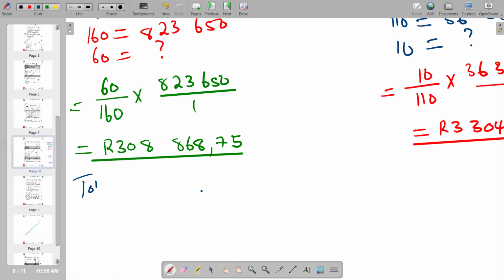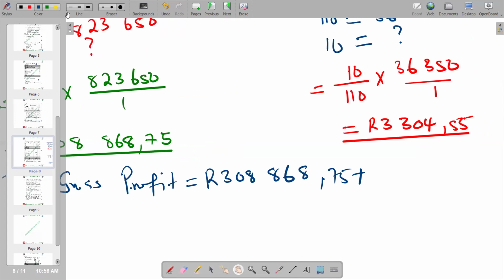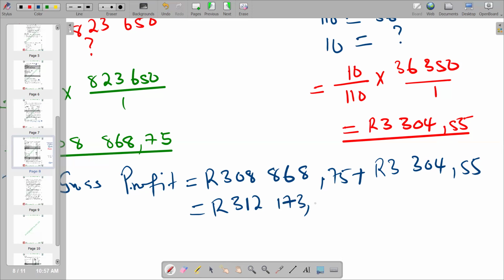So to get your total, if you add the two, you're going to get a total of 312,173 rands 30 cents.